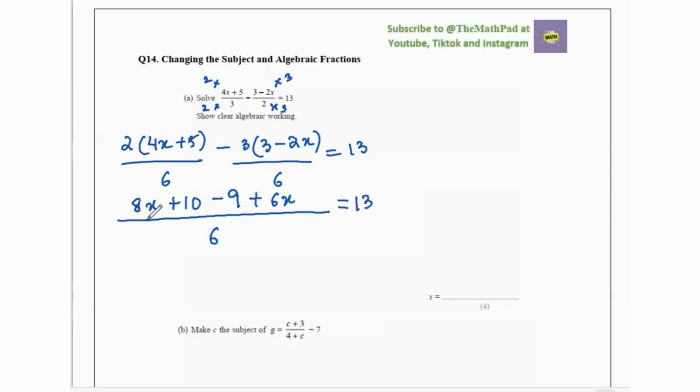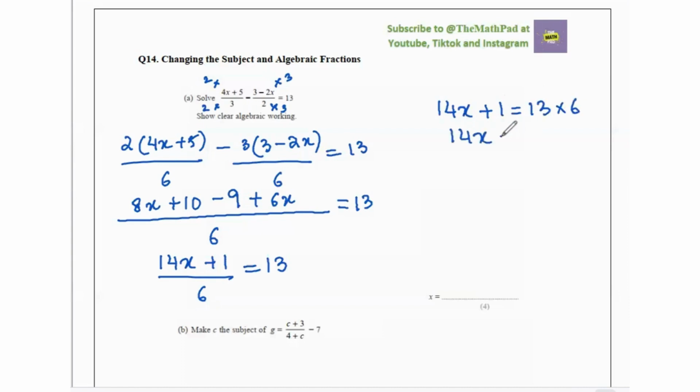Now we collect the like terms. 8x plus 6x is 14x. 10 minus 9 is 1, over 6, equal to 13. Cross multiply. So 14x plus 1 equals 13 times 6, which is equal to 78. 14x equals 78 minus 1, which is 77.